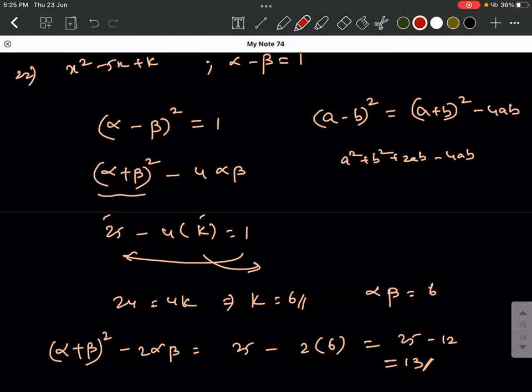So if you come this way, 25 minus 1 is 24, which is equal to 4k. So k will be 6. Does it make sense?